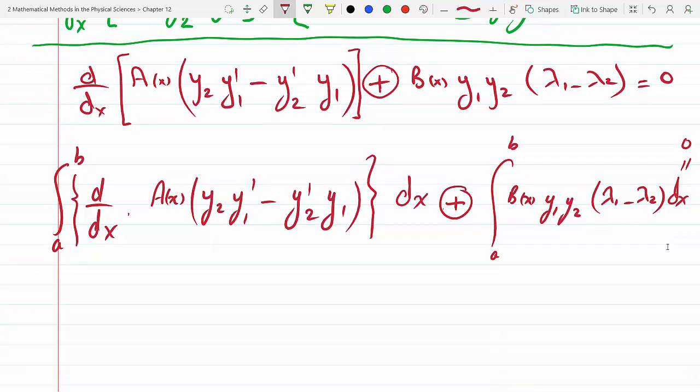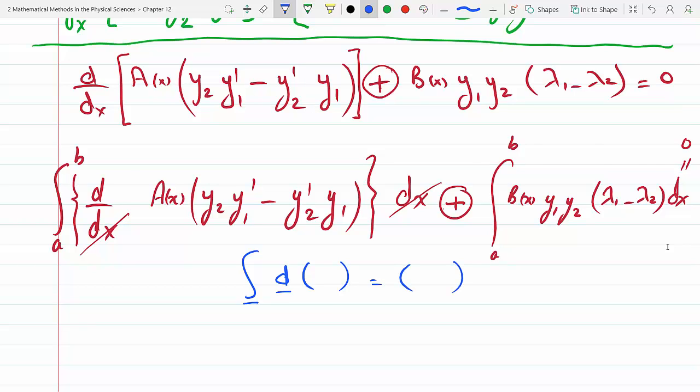Now notice that this dx and this dx go away. By the fundamental theorem of calculus, when I integrate the derivative of a function, I basically get the function itself, what's inside.